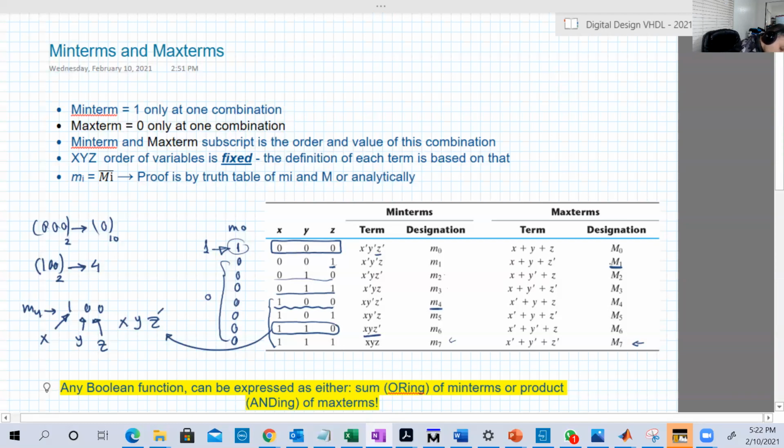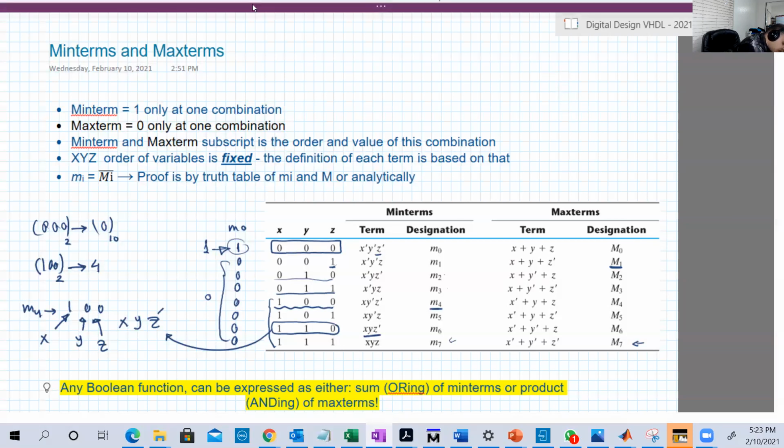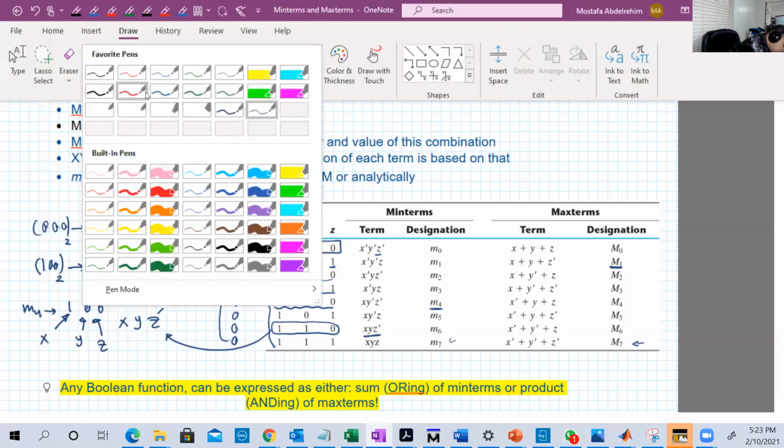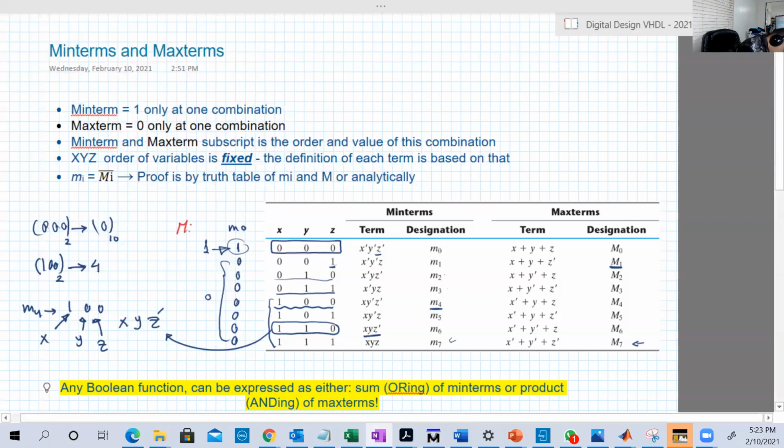Actually, let's take capital M0 instead, because I am going to relate capital M0 to small m0. So capital M0 is equal to x or y or z.